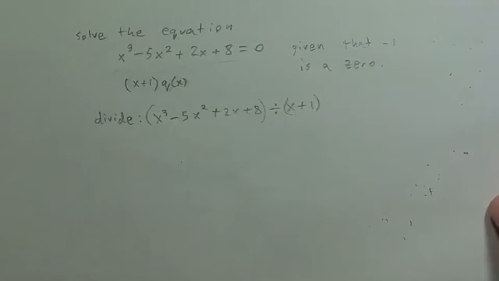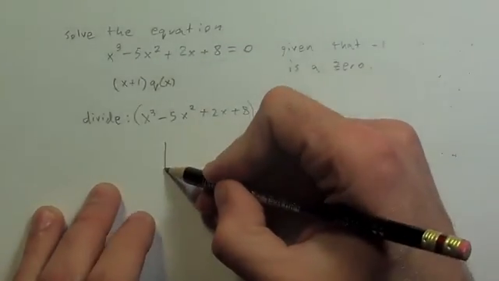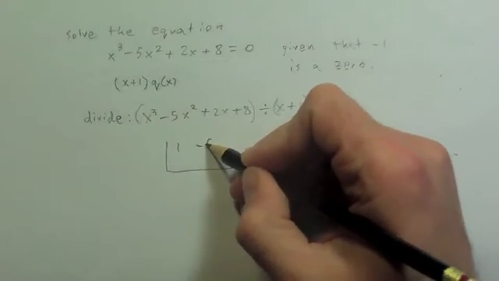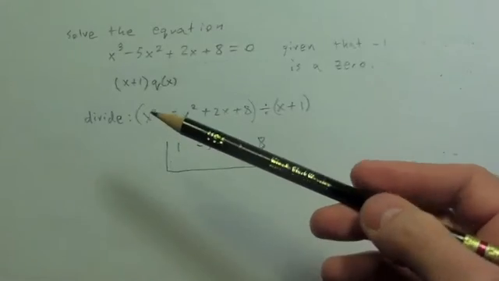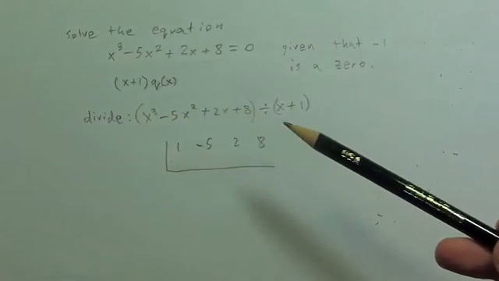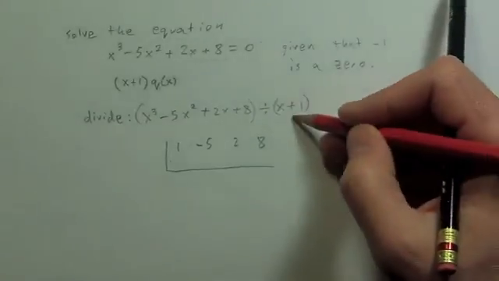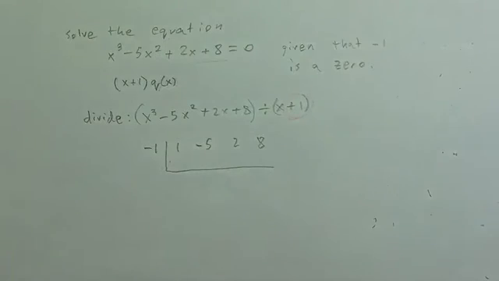As we saw before, using synthetic division is not going to be that complicated since we have a 1. So I'll put a 1, a minus 5, a 2, and an 8. I'm not missing any pieces: x cubed, squared, x, constant, so I have all my pieces there. And remember, we change this to a -1 when we put it there.